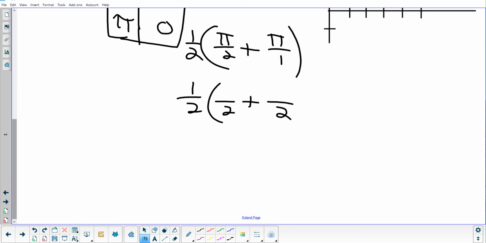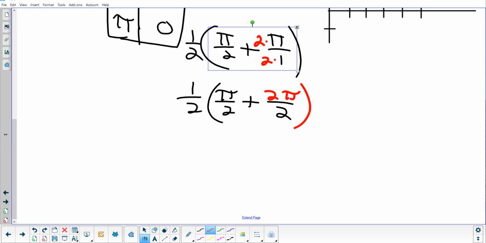Common denominator of 2. The one on the left already has a 2, so I don't have to change it. What would you multiply the fraction on the right by? 2 in the bottom and 2 in the top. So now we've got this.